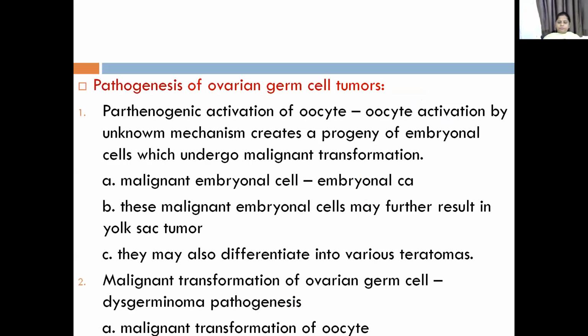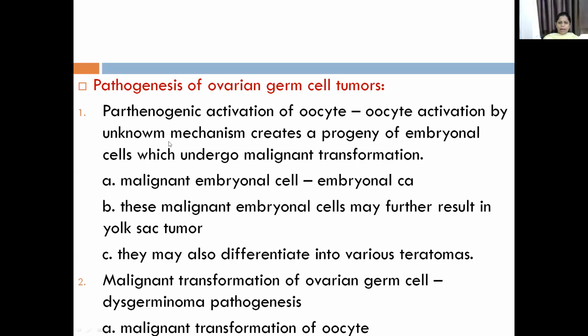We are done with the surface epithelial tumors. Now the ovarian germ cell tumors. One of the proposed pathogenesis is parthenogenic activation of the oocyte. The oocyte, when activated by unknown mechanisms, creates a progeny of embryonal cells, which can undergo malignant transformation, giving rise to germ cell tumors.